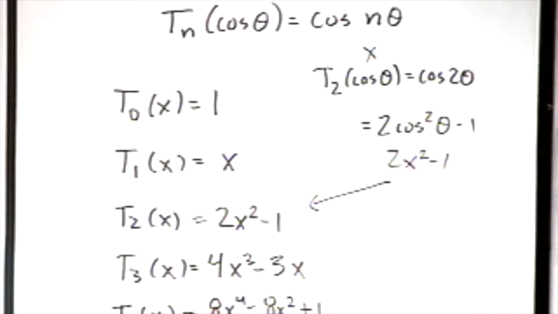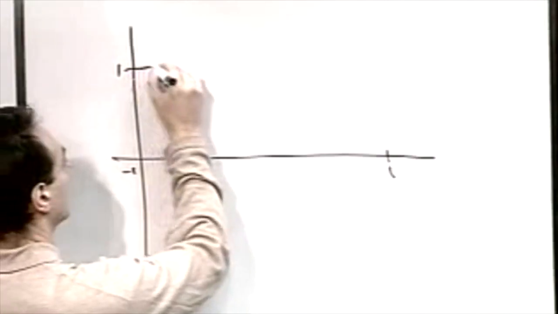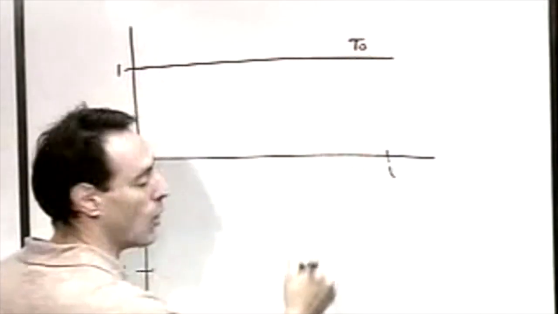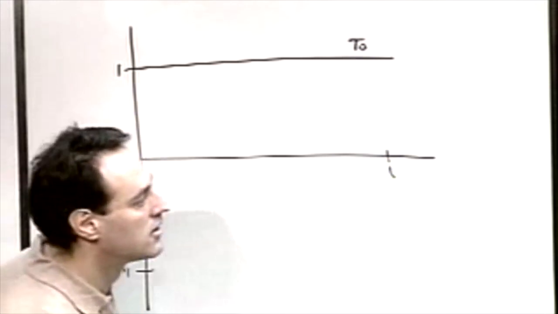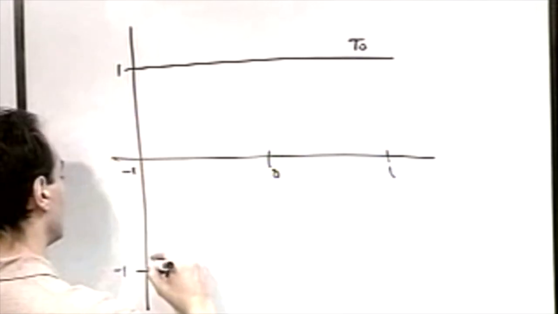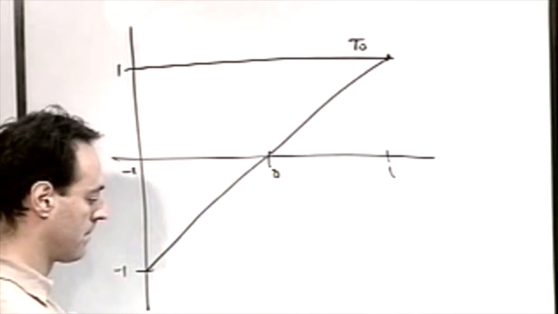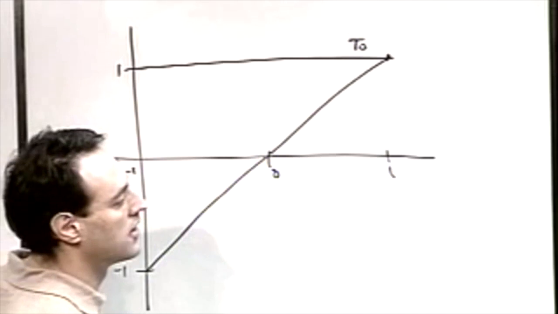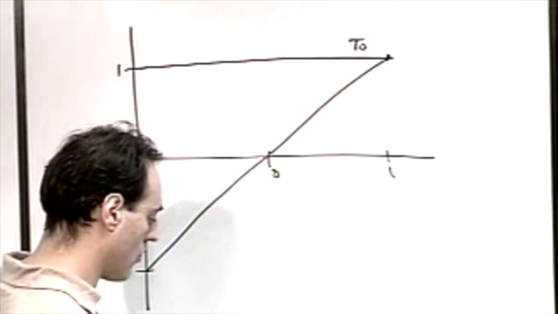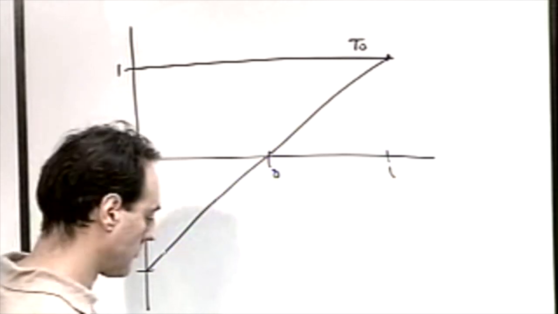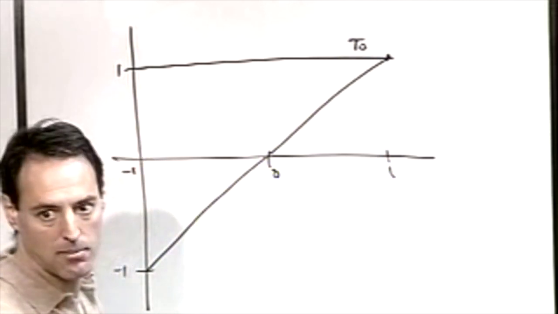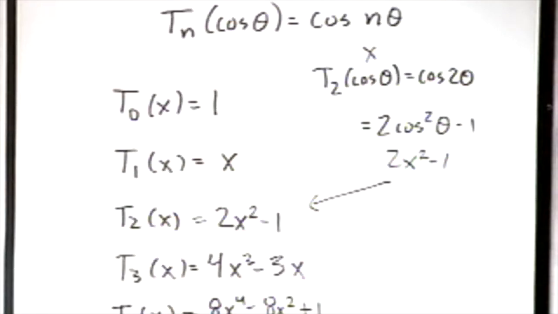So the first one is just T0. What's your T0? Just 1. T1 is equal to x. Well, that's just a line like this. The next one is 2x squared minus 1. Okay? Well, isn't that an equation of a parabola? Not only is it a parabola, at x equals 0, its value is -1.